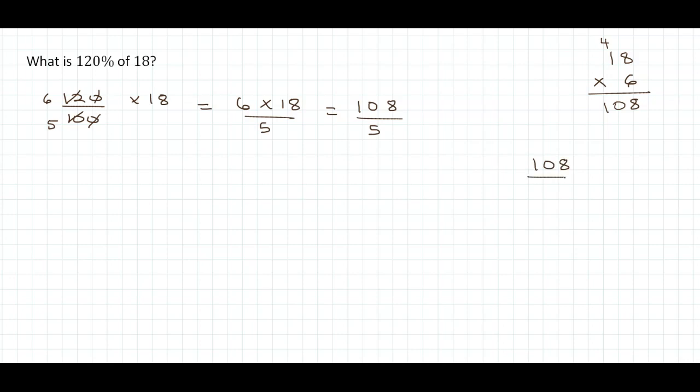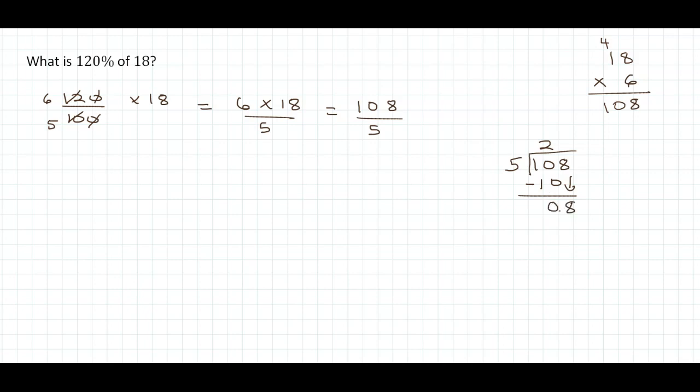108 divided by 5. Actually, let's do the long division method here. So 108 divided by 5. So 10 divided by 5, I have 2. 2 multiplied by 5, we have 10. We can subtract and then we bring down the 8. So this is going to give us 0.